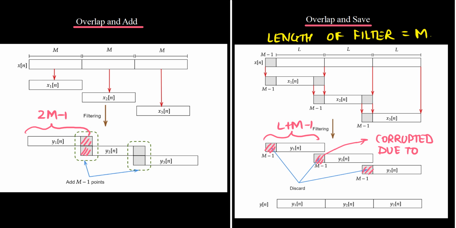Therefore we discard them and append the remaining points in order to obtain the final y of n. So these are the two methods that can be used to perform real-time filtering.